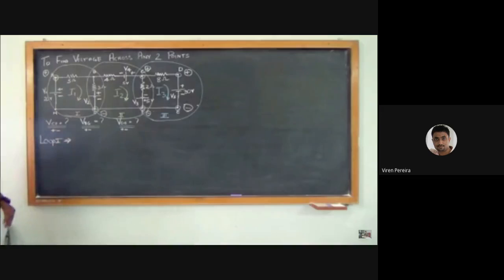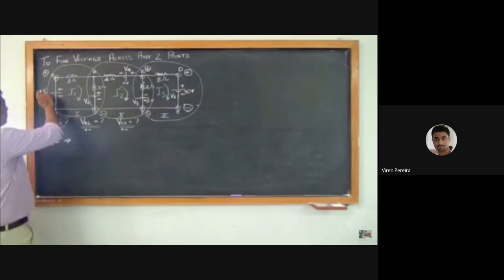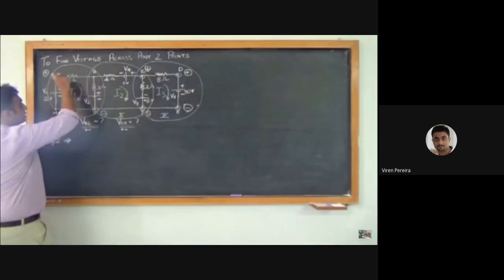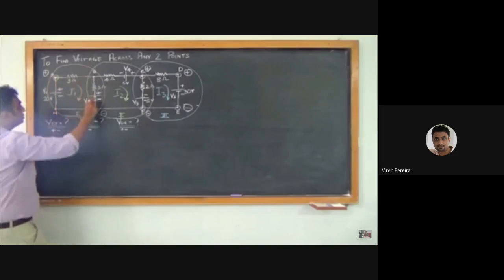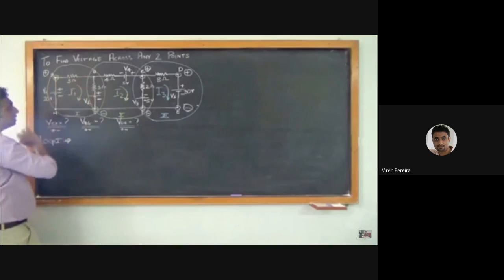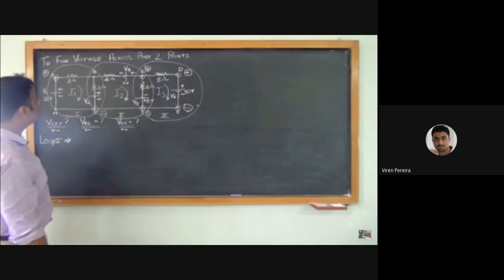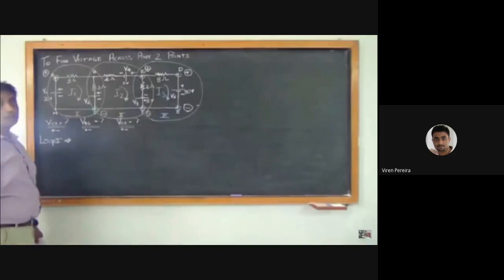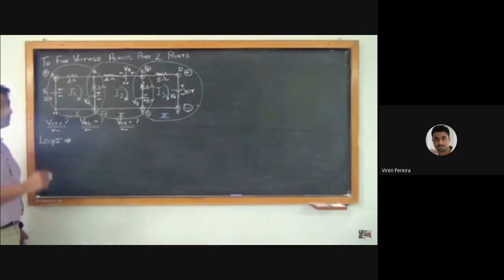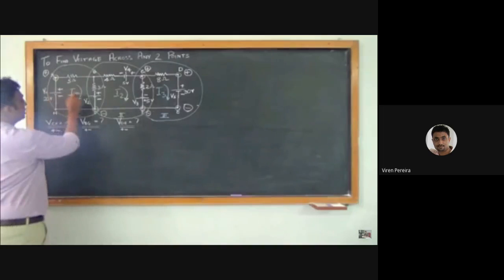So, using KVL in loop 1. Now, as per the shortcut method, this is my loop 1 or my mesh 1. KVL states that the sum of voltage sources in the loop is equal to the sum of voltage drops in that same loop. So how many voltage sources do I have?